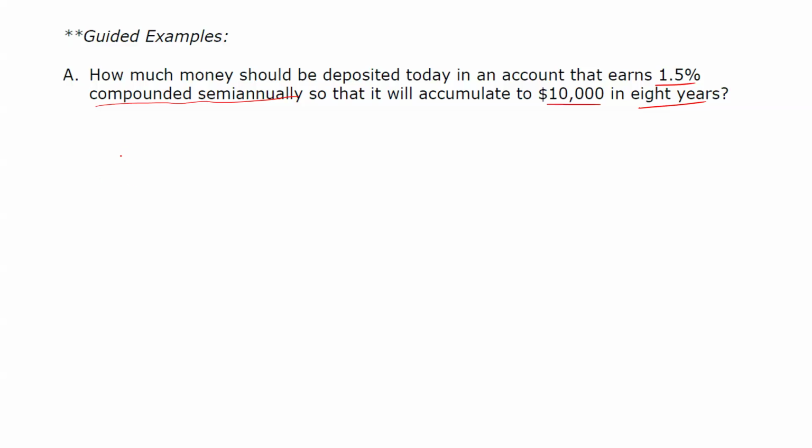So here, our A, our future amount, is $10,000. That's what we want it to reach. Our R is 1.5% or 0.015. Our T is 8 years, and we are compounding semi-annually, so N equals 2.